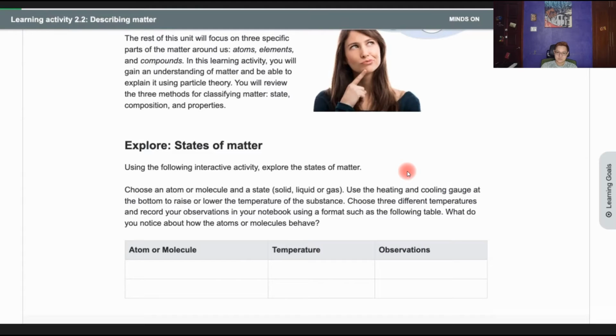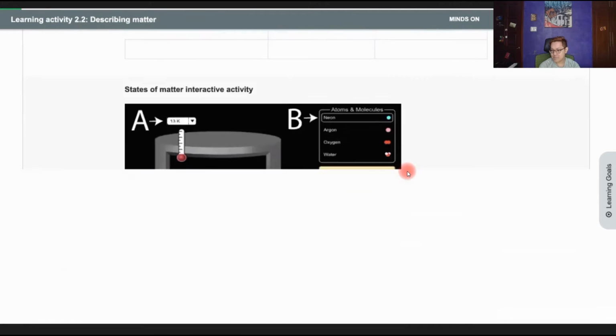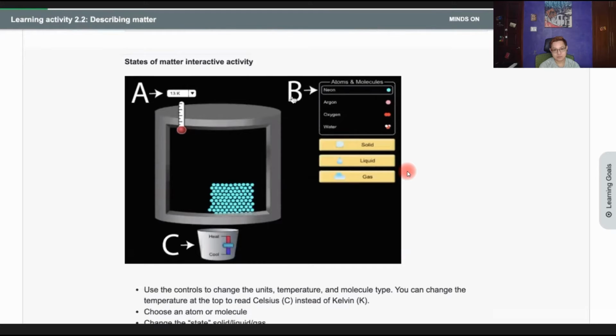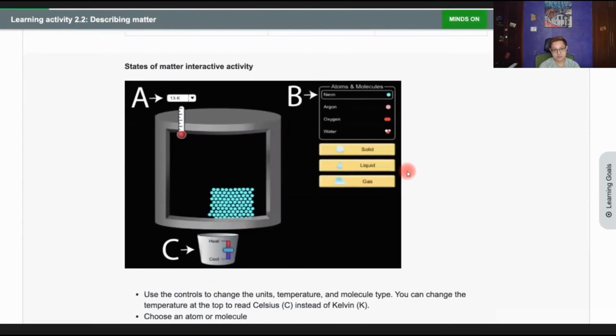Choose three temperatures and record your observations in your notebook, using a format such as the following table. What do you notice about how the atoms and molecules behave? So, there's this thing.